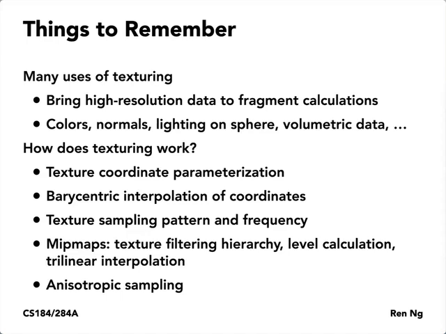And then mipmaps are developed to provide a texture filtering hierarchy, so that if we do a level calculation correctly, we can end up sampling at rates that avoid aliasing with a very efficient computation. I also touched on the fact that you're going to implement trilinear interpolation, and I mentioned anisotropic sampling.